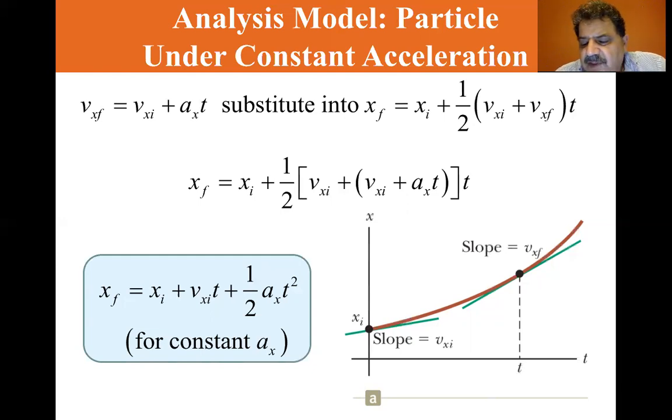This is the position versus time graph for motion at constant acceleration. Note that the curve is a parabola because of the t squared. The slope of the tangent line to this curve at t equals 0 equals the initial velocity, vxi, and the slope of the tangent line at any later time equals the velocity vxf at that time.